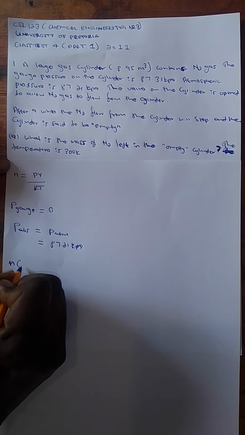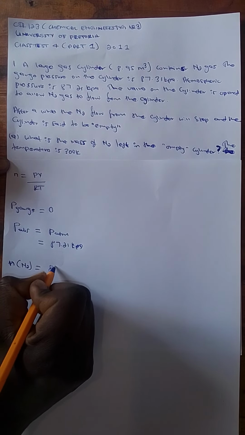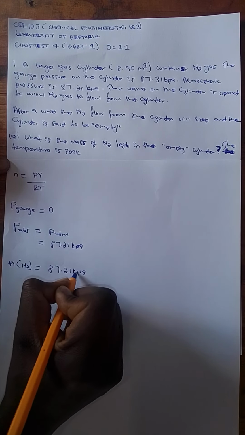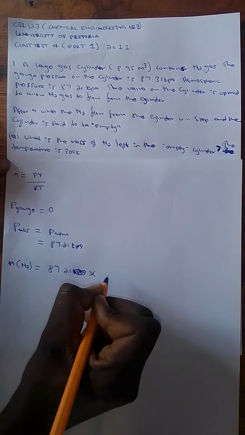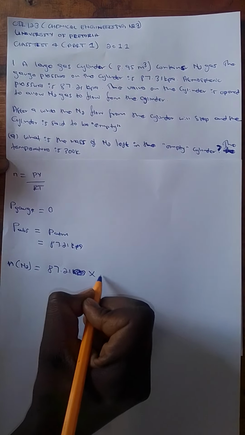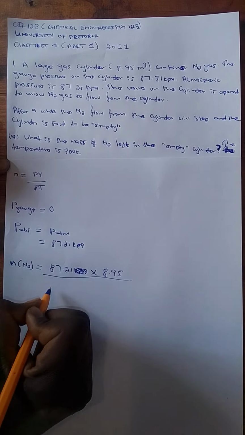So I can just say n of N2 is equal to the pressure, 87.21, multiplied by the volume, 8.95, all over R, which is 8.314, a constant, multiplied by the temperature, 300 Kelvin. Let me not write units.